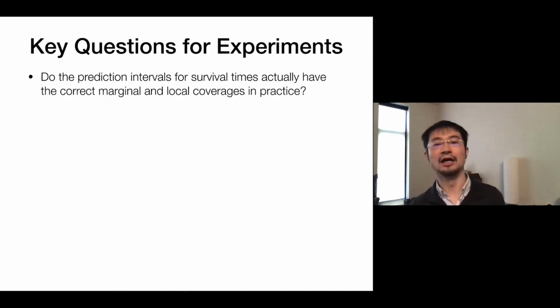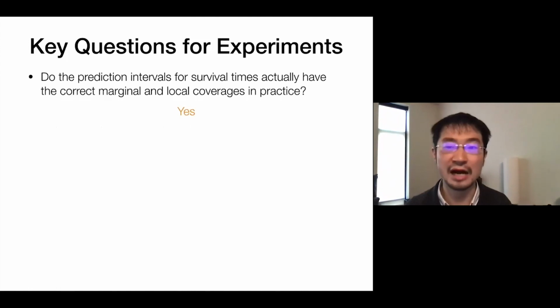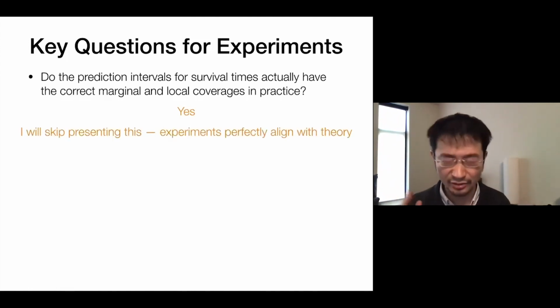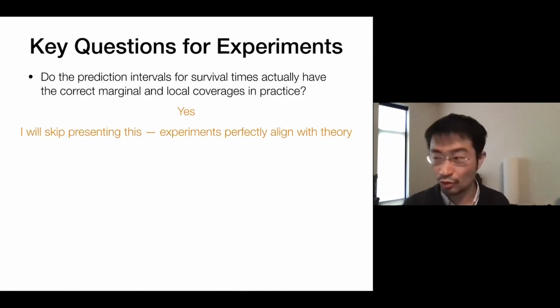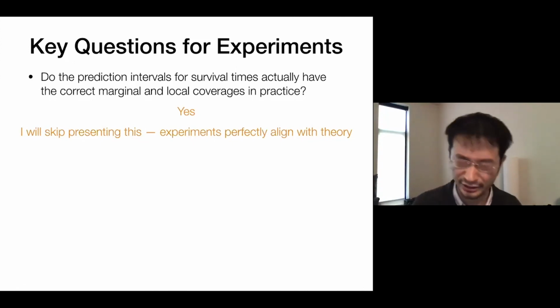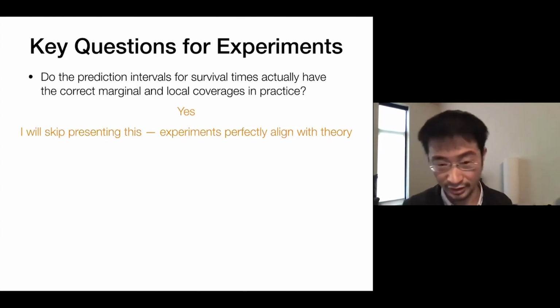The answer is yes, and I'm going to skip presenting this in the talk because the experiments perfectly align with theory. If you want 95% coverage, the empirical coverage will be extremely close to 95%. You want 90%, you'll get 90%, and so forth. Both for marginal and local, I have results for this.